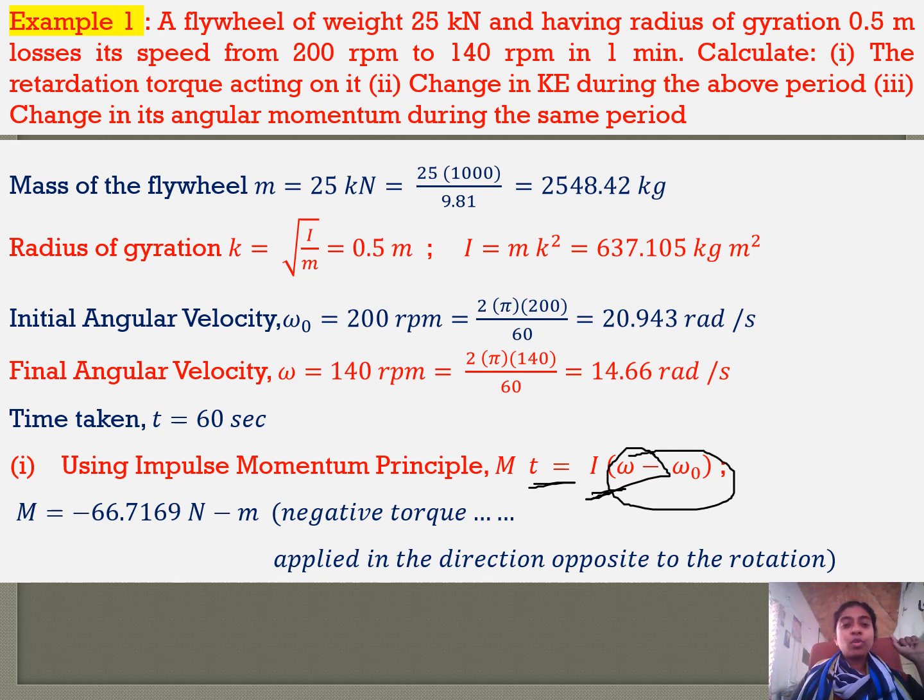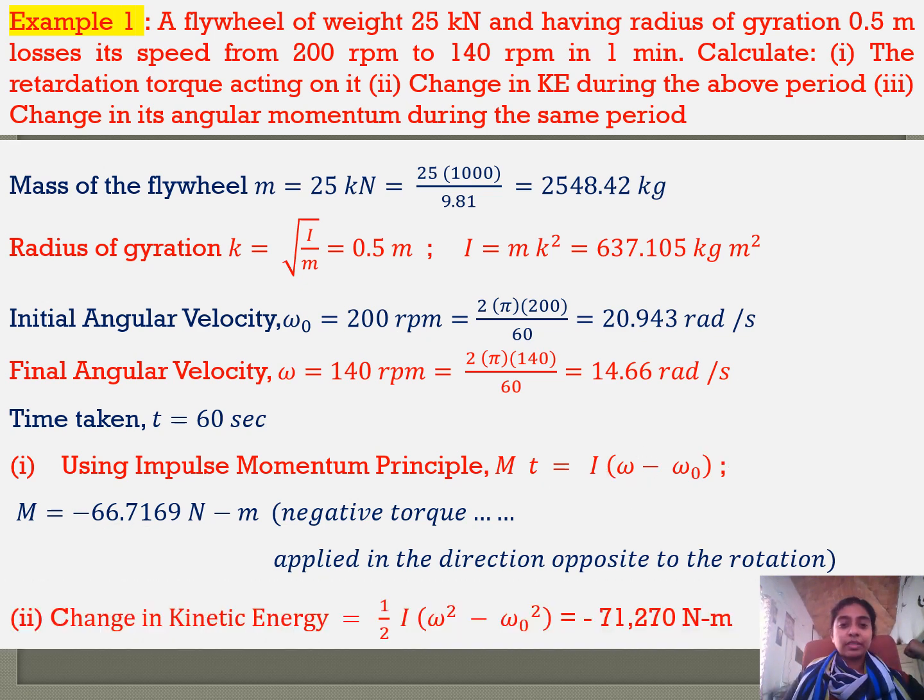So substituting, we get the torque or moment M is equal to minus 66.7169 Newton meter. That is negative torque, because in order to reduce the speed, we are applying the torque in the opposite direction. That is the meaning of that.